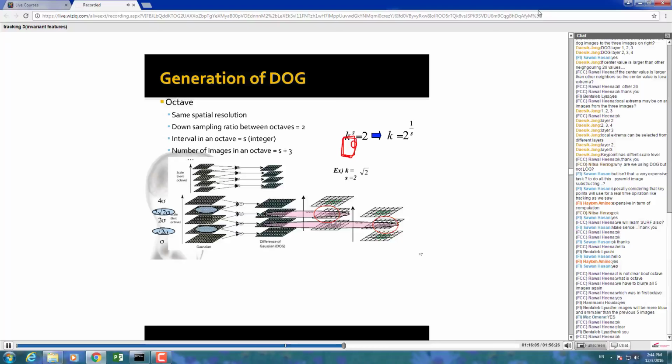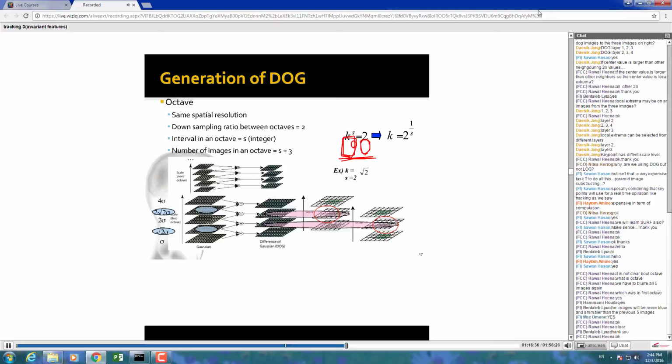So it means different levels of Gaussians. Let's say S is the final level of Gaussian. So K power S means the last Gaussian factor, multiplied to sigma, and it is considered the same as 2 sigma.